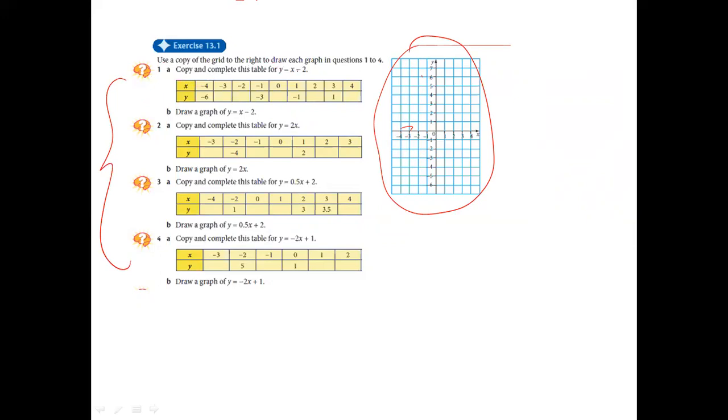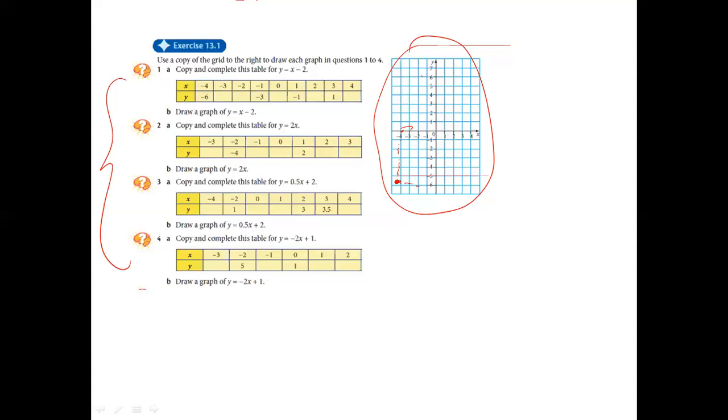When y is equal to x minus 2, please use these values. Our first value is minus 4 of x, where minus 4 is here, and y is equal to negative 6. It's here in the first case.